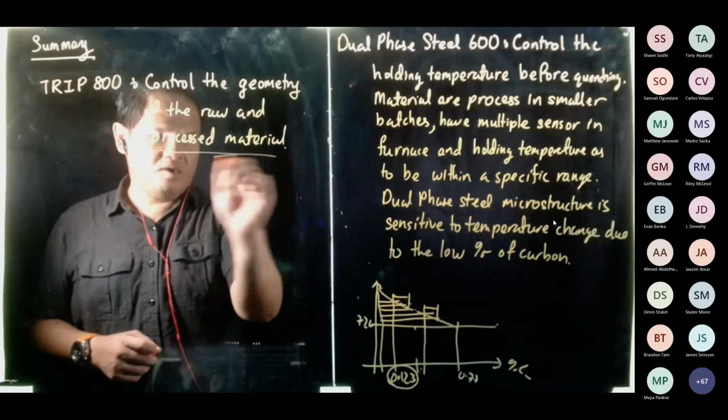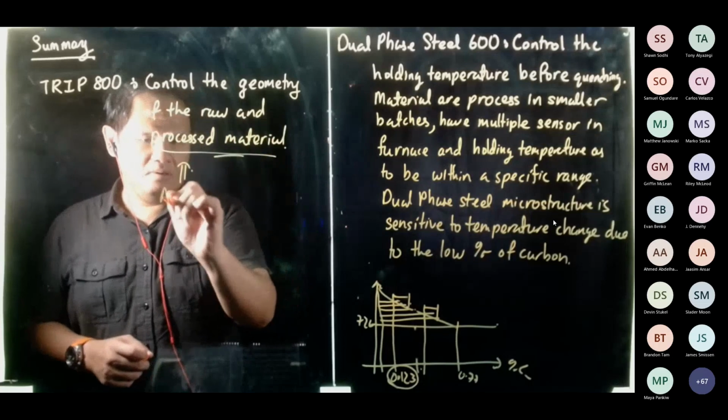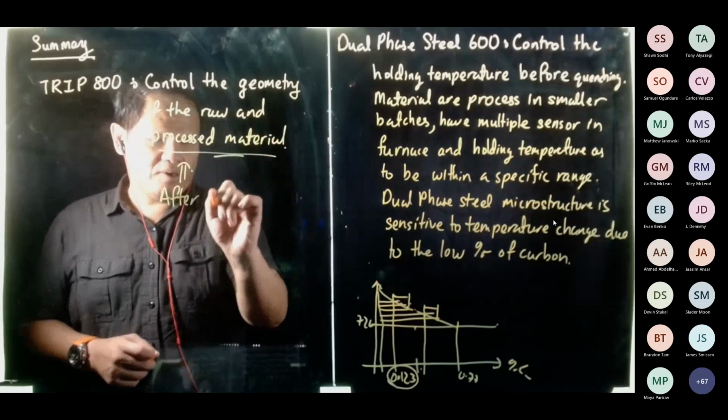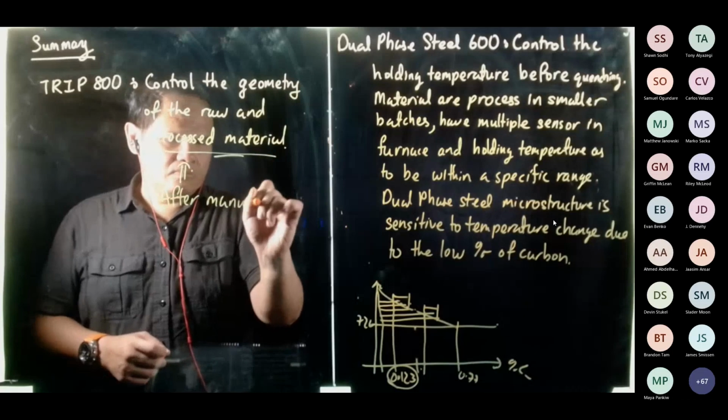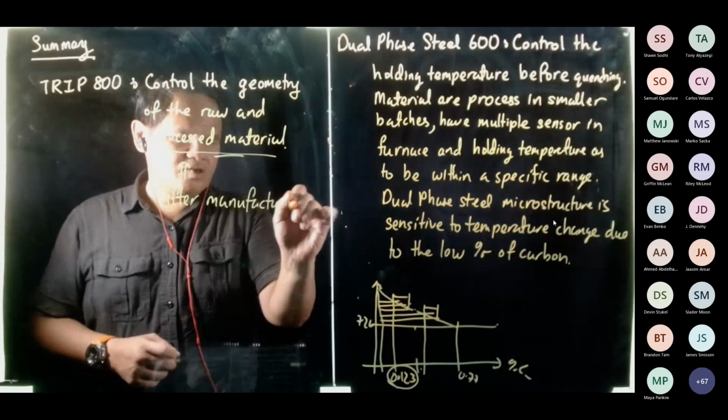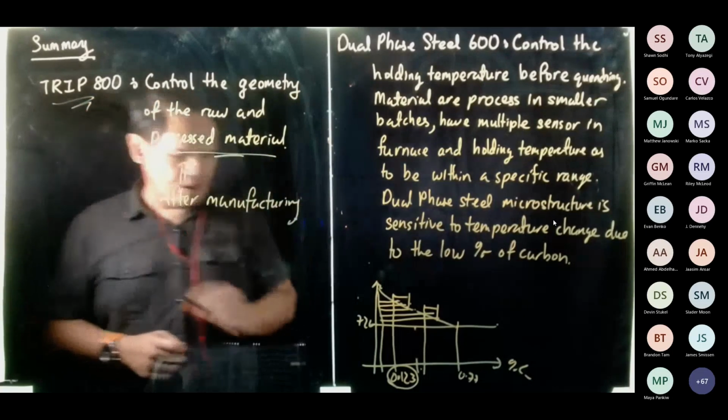Processed material means after manufacturing. Once you can control them, then you can process TRIP 800.